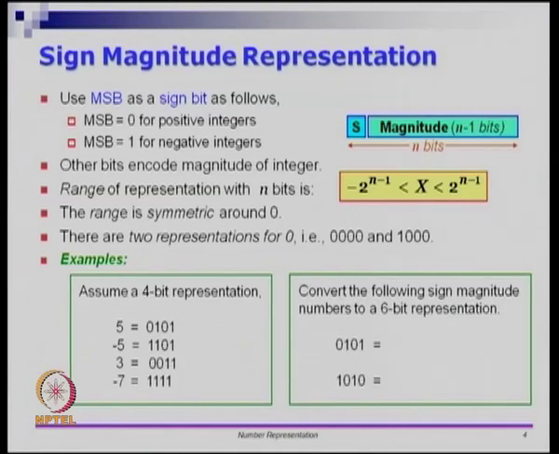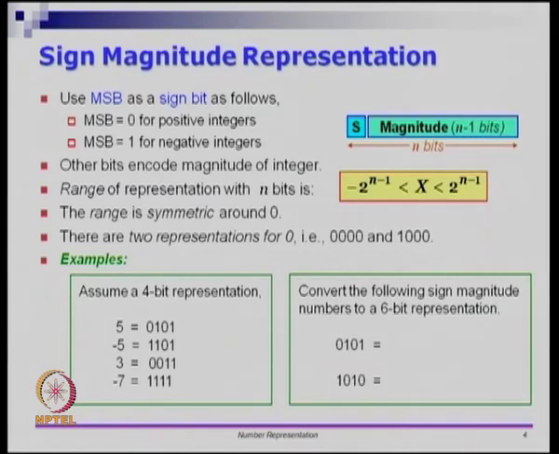That will be the 6-bit representation for 0101. Let us look at the number below, 1010. 1010 in a signed representation stands for negative 2, because 1 is for negative and 010 is 2. If you want this represented in 6 bits, then it should be 1 followed by 3 zeros followed by 10.